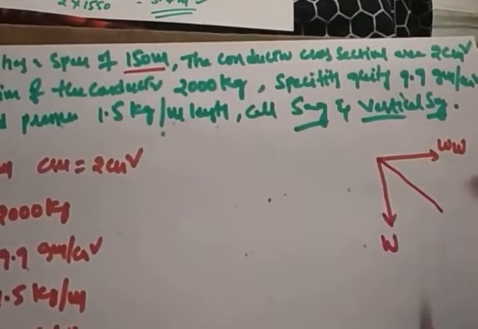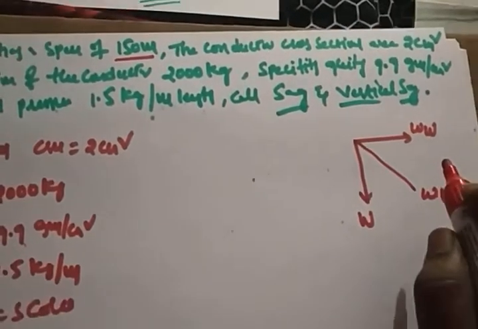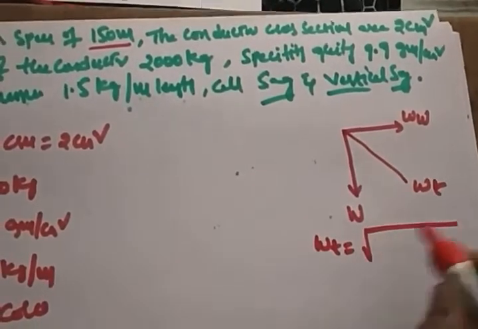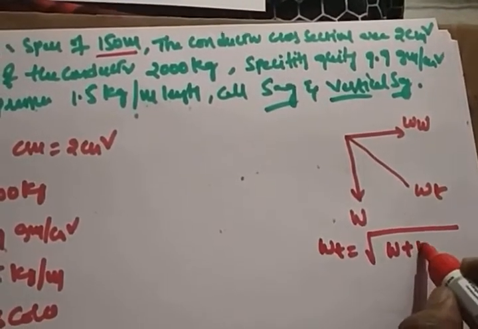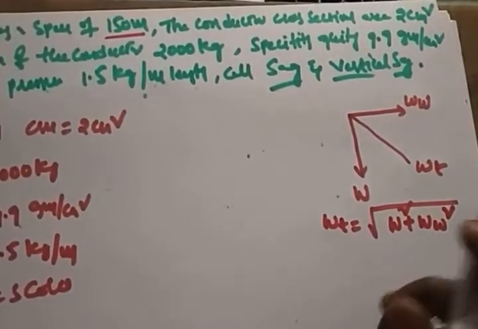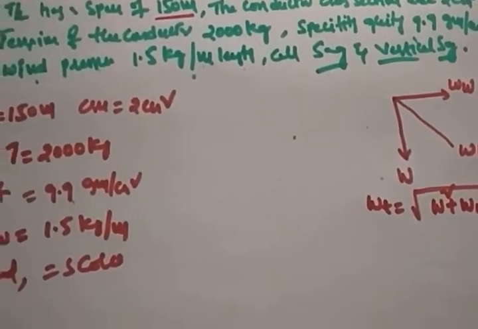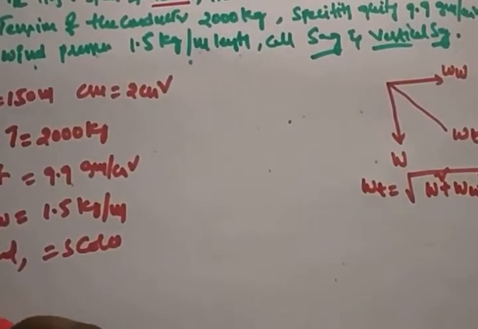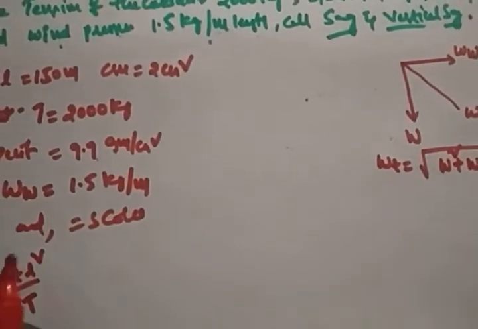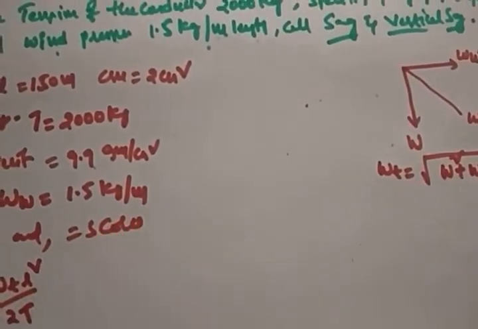So what is the angle? What is the resultant net weight? So WT. So what is the WT? You have to calculate the square root of W plus Wi whole square plus WW square. If you find the WT, you can easily calculate the sag. So what is the formula for sag? WT L square by 2T. Substitute here, you will get the sag. After that, you substitute here, you will get the theta.